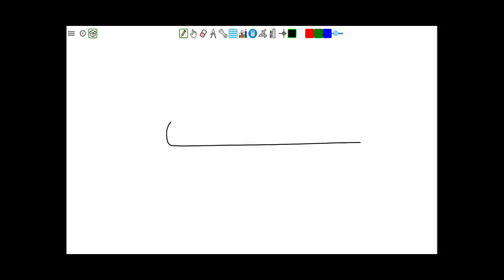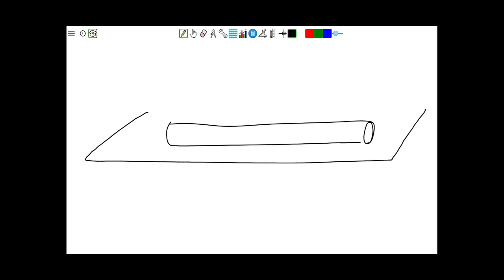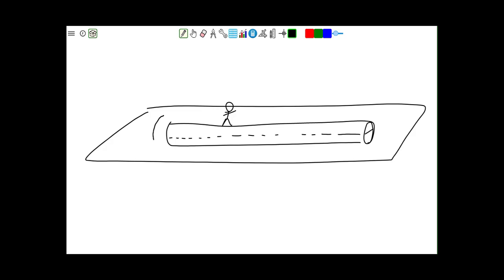Let's take our same cylinder. But this time, let's look at a plane that passes right through the center of the cylinder down the middle. And let's say this time we are standing on top of this cylinder. Well, if we walk around the cylinder, everything is going to look the same.